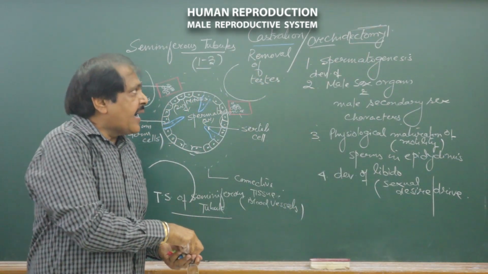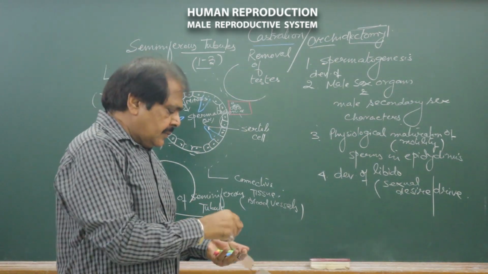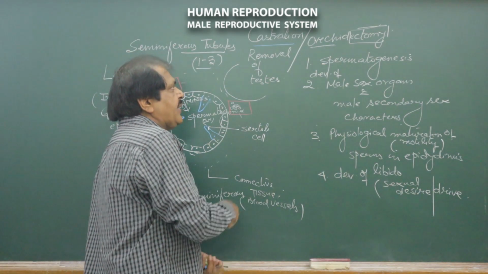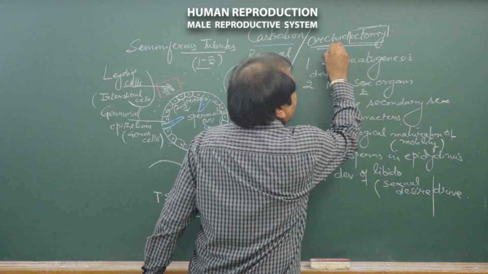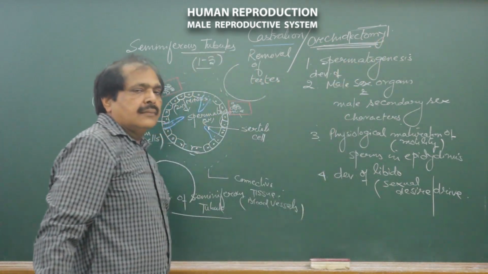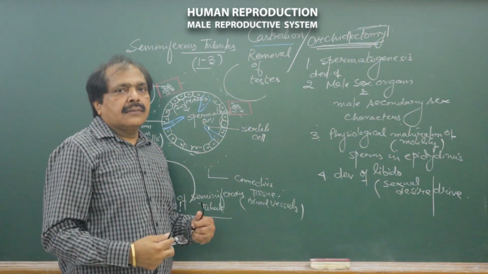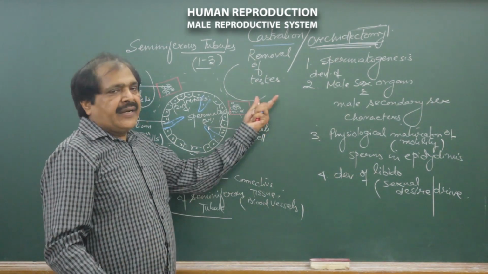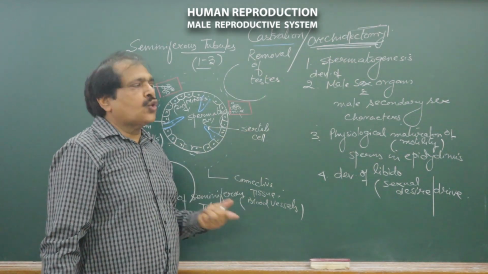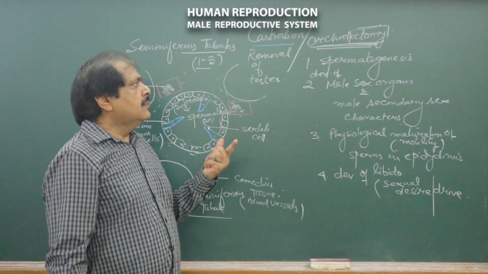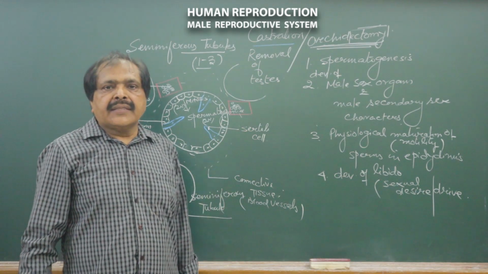Castration is done in many animals, and this orchidectomy is the surgical way to remove the testes from the body or from the scrotum. Thank you very much.